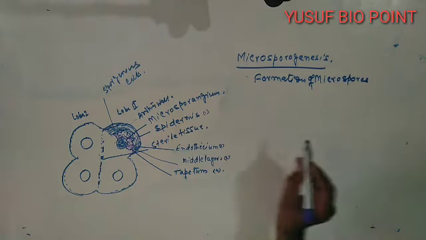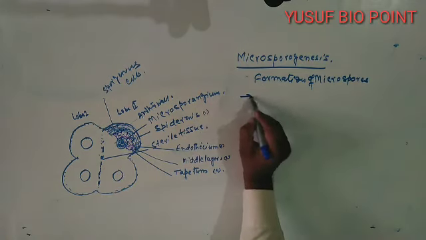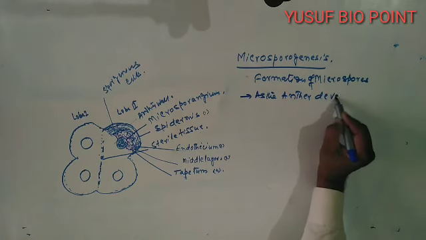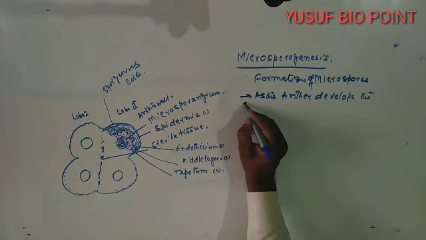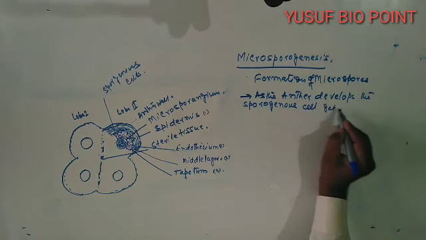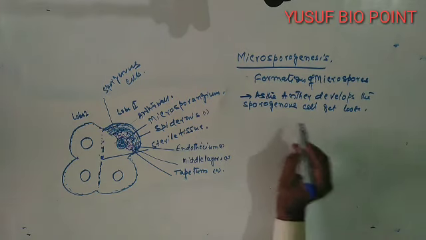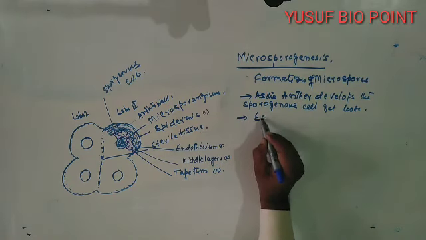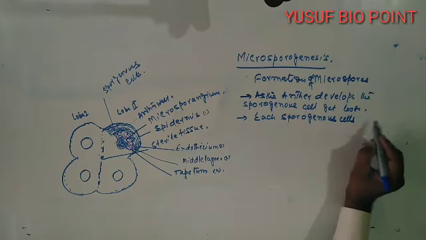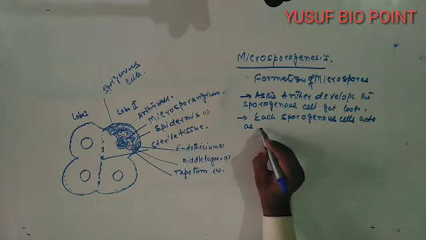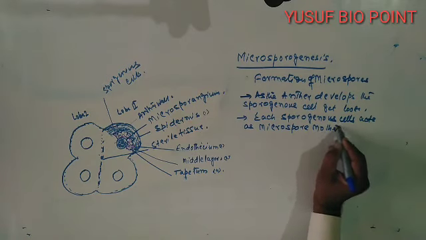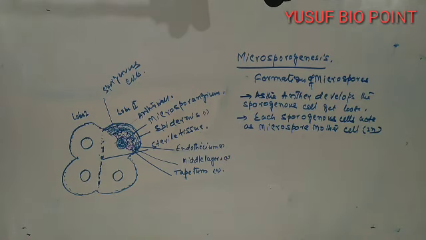Now as the anther develops, the sporogenous cells get loose, and each sporogenous cell acts as microspore mother cell, which is diploid, that is 2n.